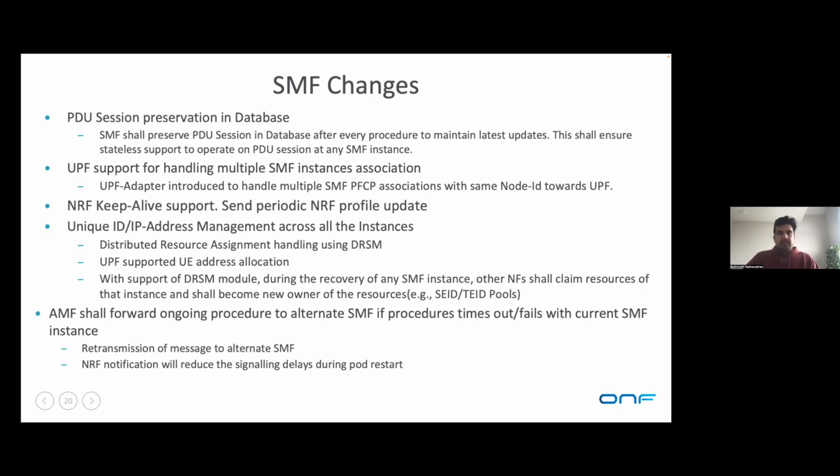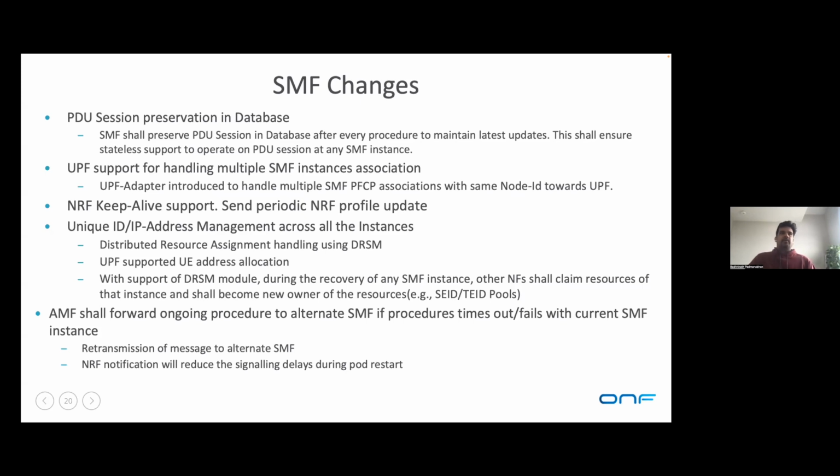On top of this, the other feature that we supported is UPF-supported UE address allocation. Earlier, we were only supporting SMF UE address allocation. Now we have added configuration and support in SMF to let the UPF allocate its own address.